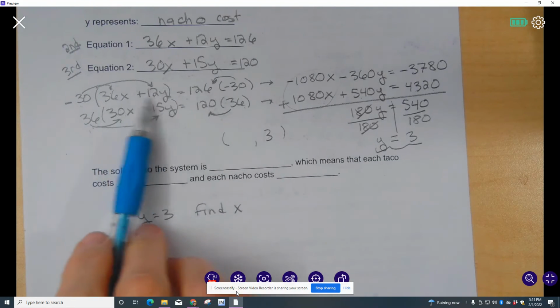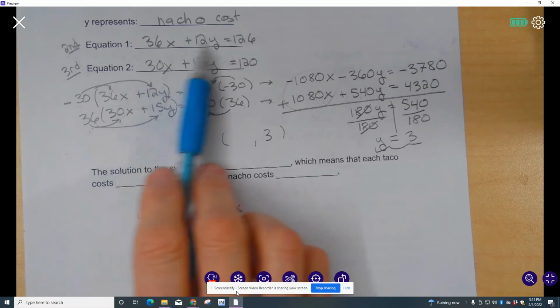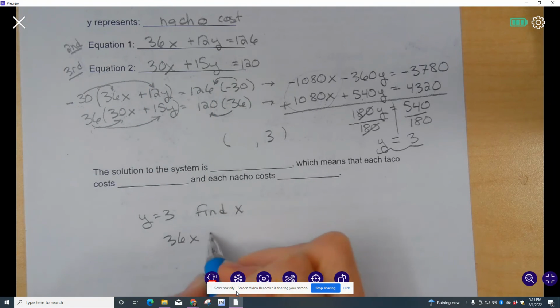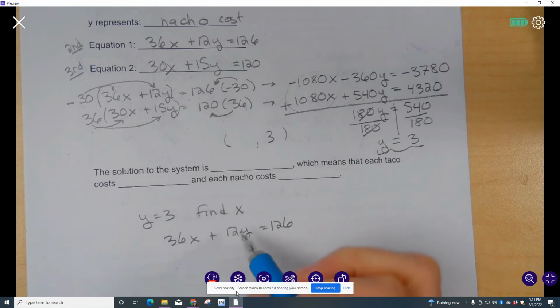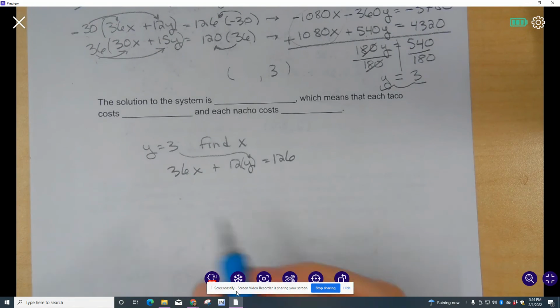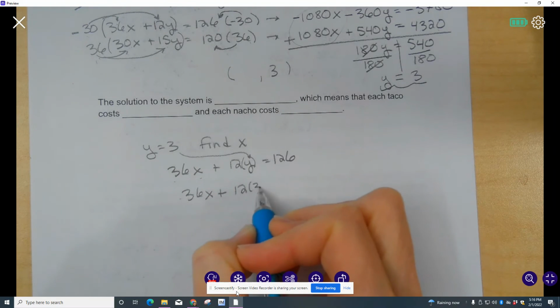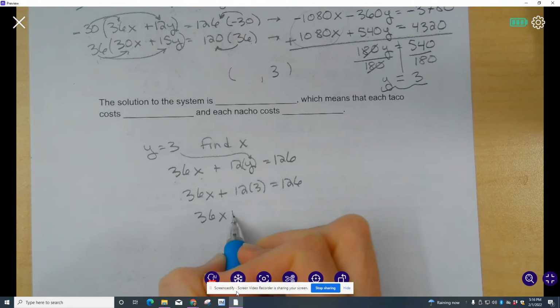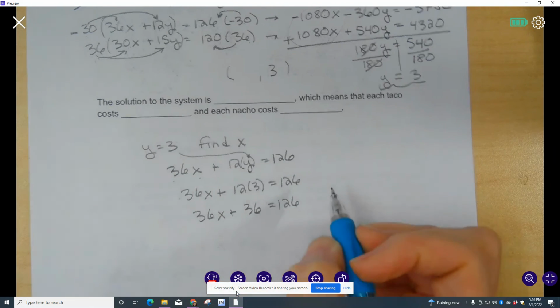So these are my original equations right here before I multiplied them by the 30 and the 36, or up here, even better. So I'm just going to take this top equation, copy it. Don't try to skip steps on these. And what do I know? Y is 3. So I'm going to substitute y equals 3 right in there. So copy 36x plus, instead of 12 times y, 12 times 3 equals 126. 36x plus 12 times 3 is 36 equals 126.